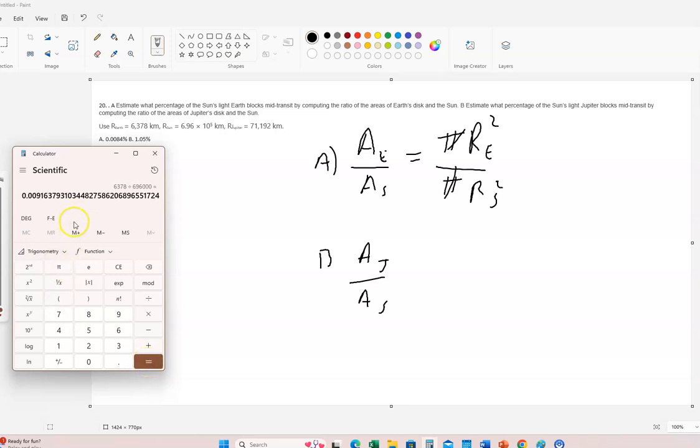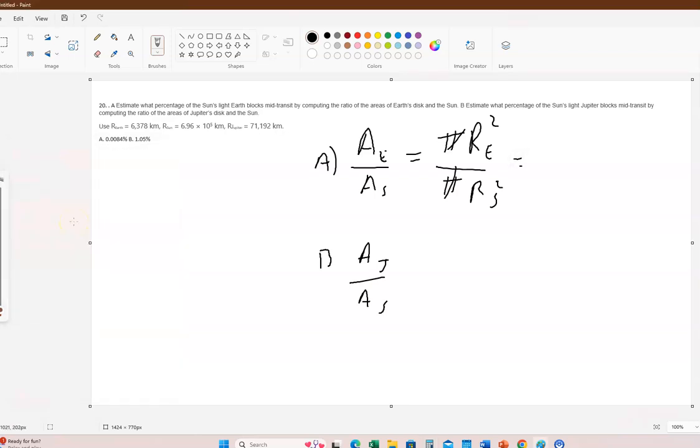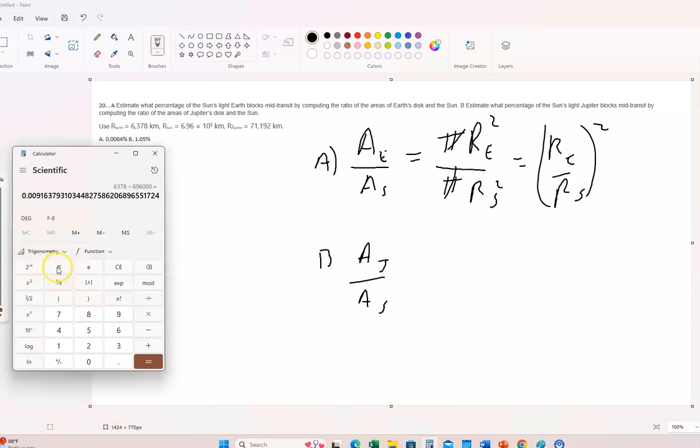And remember, it's the ratio squared, right? I could either square both of these or just take the ratio of the Earth to the Sun, which I just did, and then square that ratio. All right, so that works too. And so all I have to do is square this. So we're not quite at the answer. It says to represent it as a percentage. So to represent this as a percentage, I've got to multiply this times 100, right?